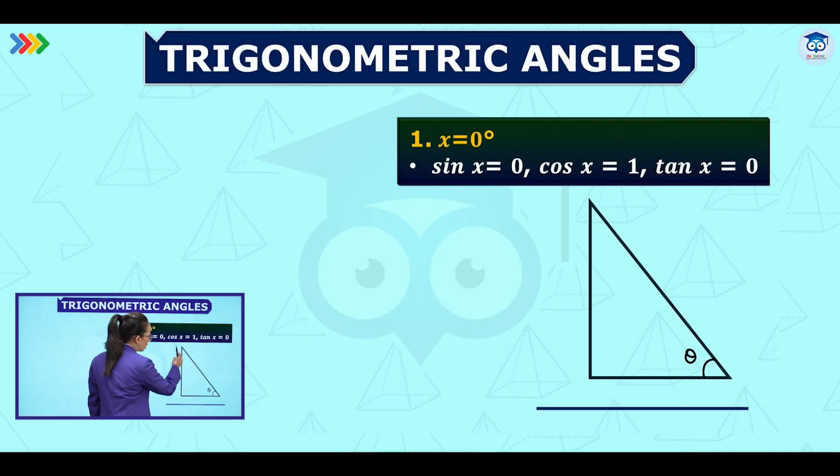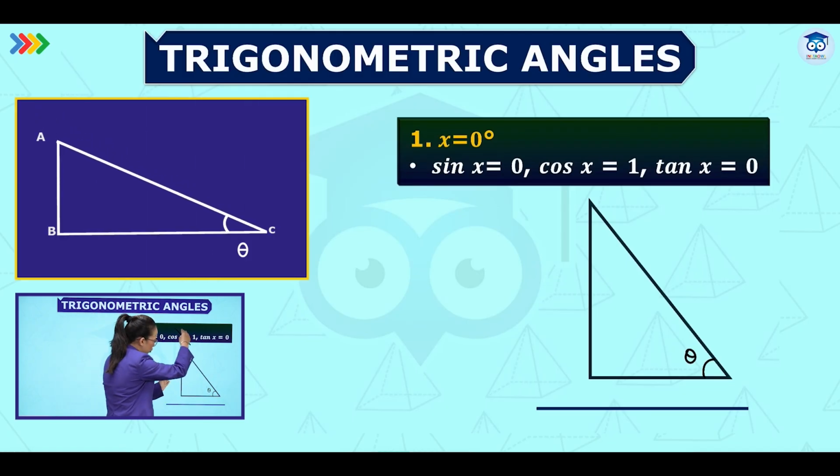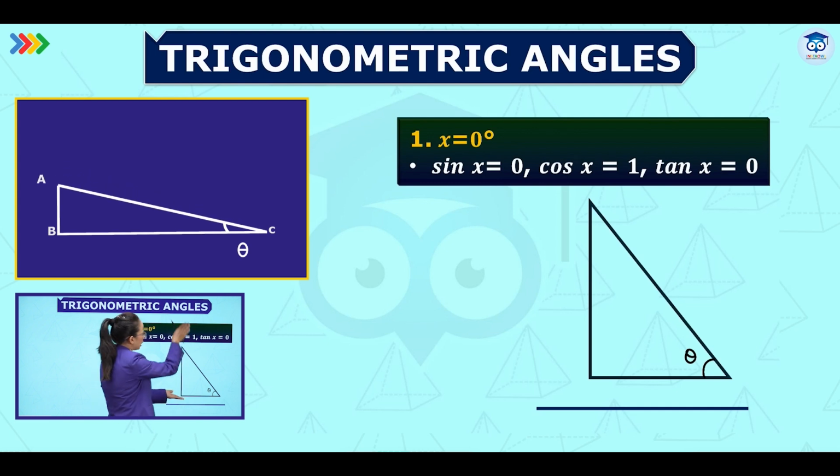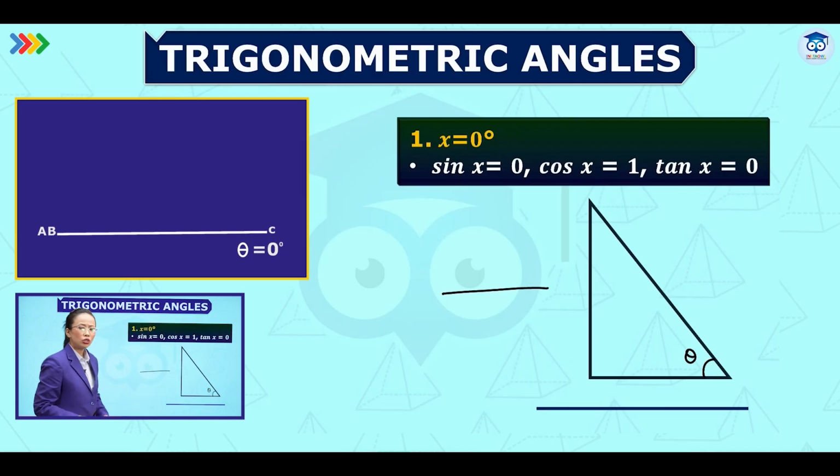When this becomes zero, then it will overlap, like one line. Here we are not drawing to scale. We are just showing that when we take this, we get a line. Our opposite side, this line, will go to 0.